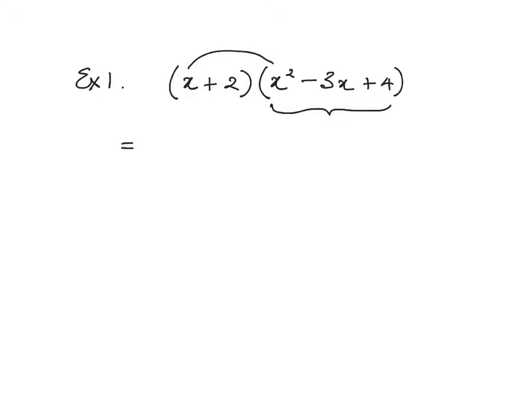x times x squared is x cubed. x times minus 3x is minus 3x squared. x times plus 4 is plus 4x.